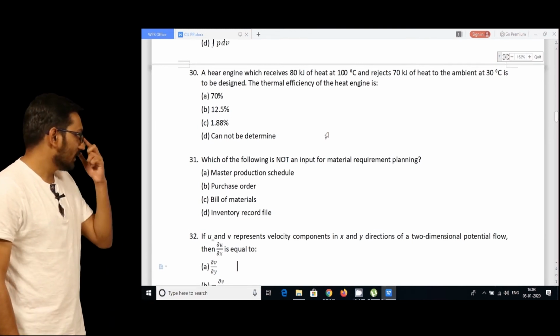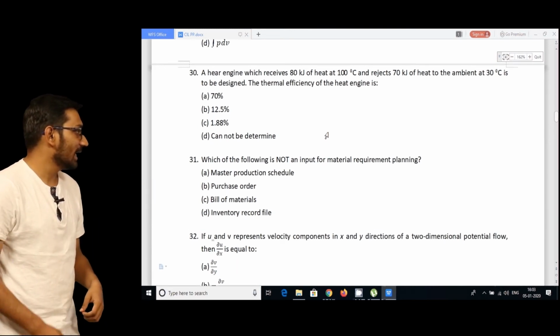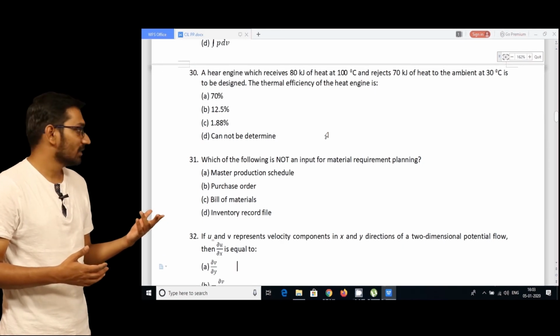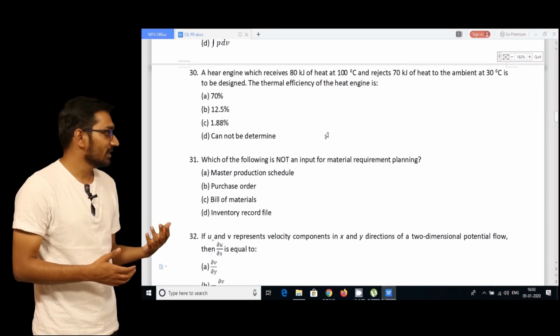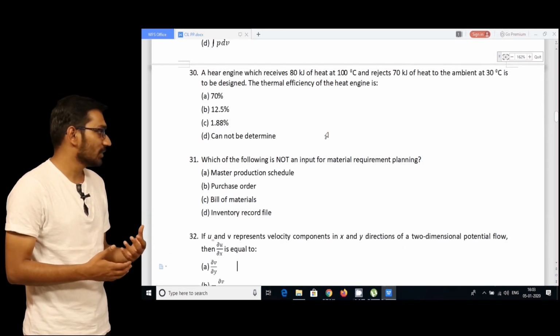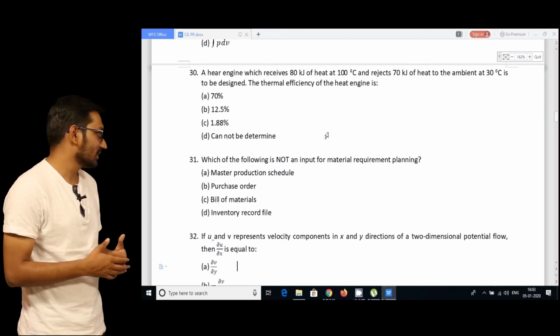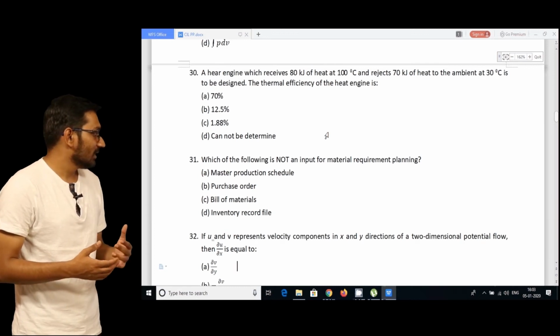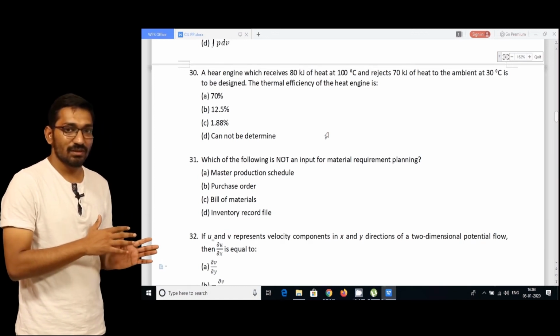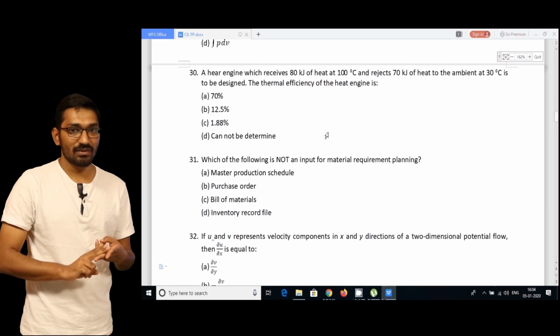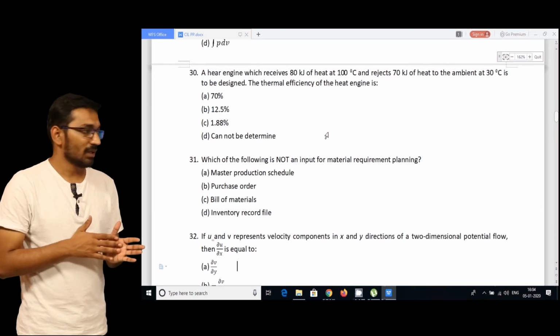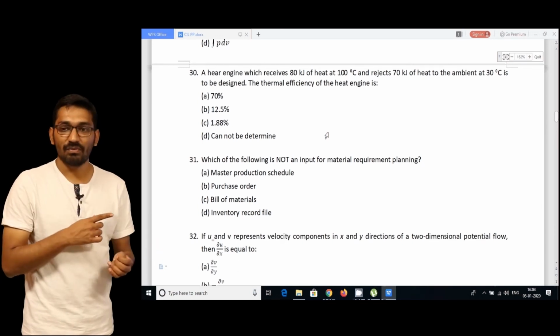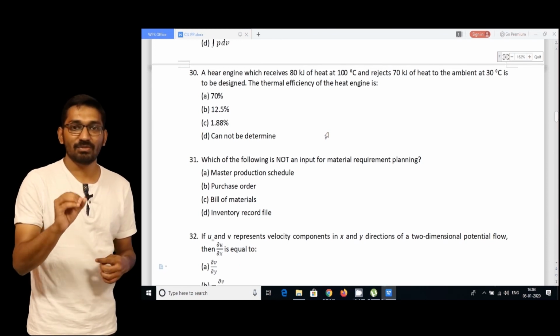The next question is, a heat engine which receives 80 kJ of heat at 100 degrees Celsius and rejects 70 kJ of heat to the ambient at 30 degrees Celsius is to be designed. The thermal efficiency of this heat engine is. In this question you have temperature limits and also heat transfers. He is asking the thermal efficiency of the heat engine, not the maximum thermal efficiency.